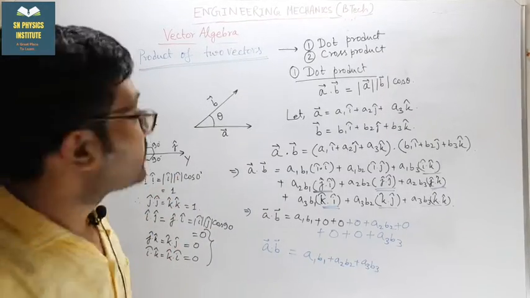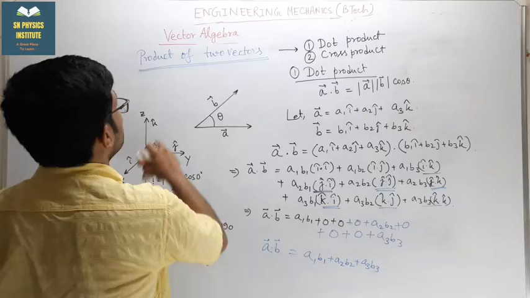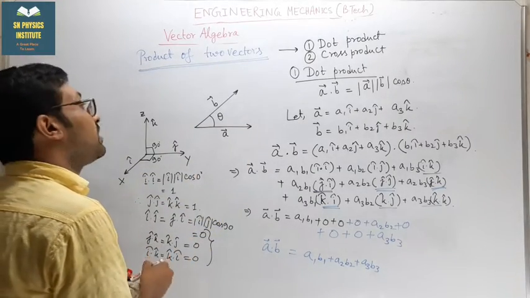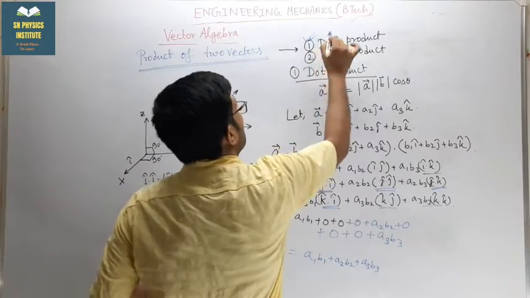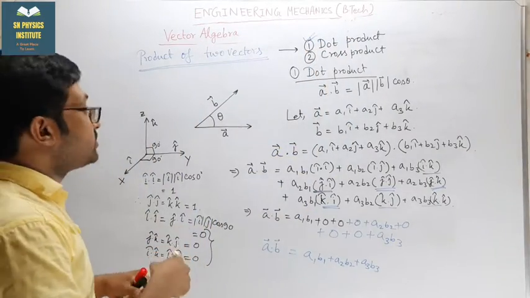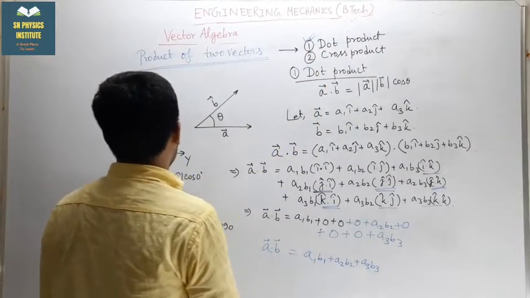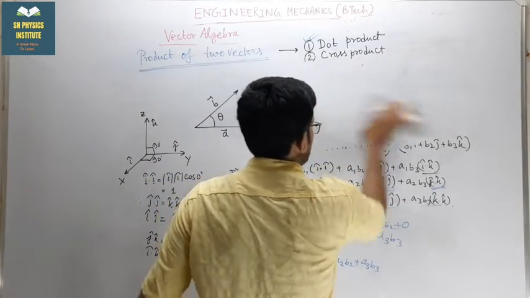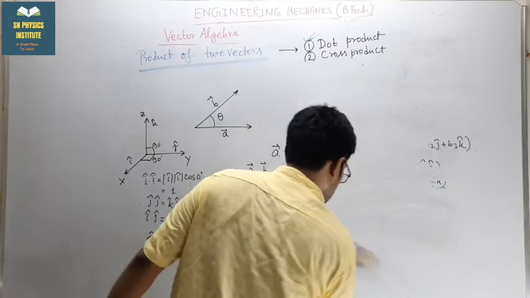Okay, next we are considering the cross product, so the dot product is over. Next we are considering the cross product. So see here, what is the cross product of two vectors?